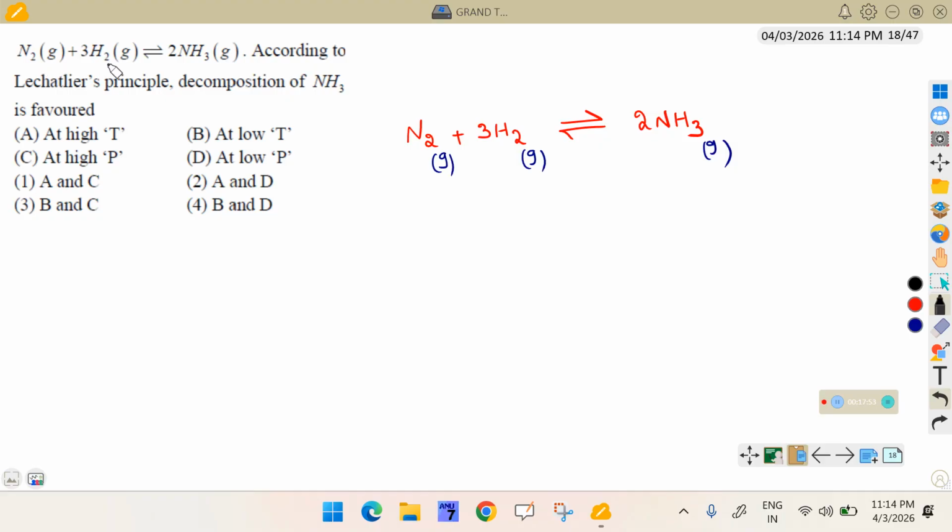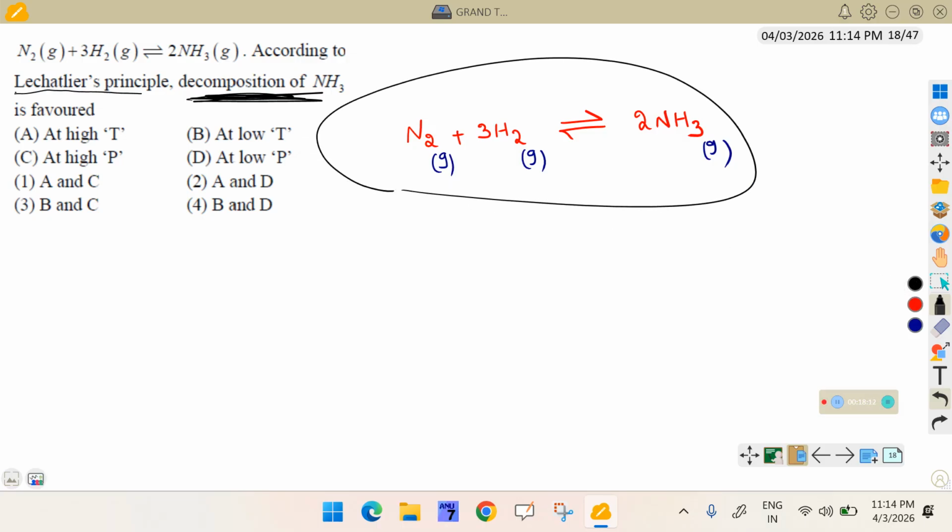N2 plus 3 moles of H2 gives rise to 2 moles of NH3. According to Le Chatelier's principle, decomposition of NH3 is favored, not formation of NH3. So reverse this reaction. For this reaction, the value of delta H is negative; it is an exothermic reaction.